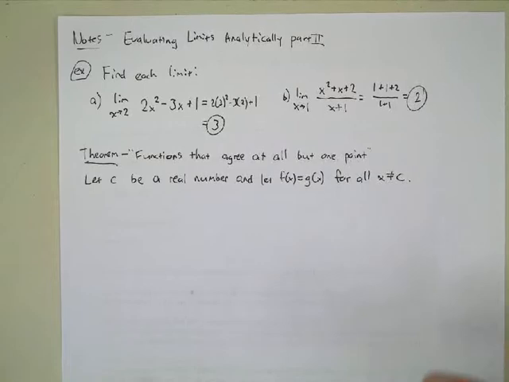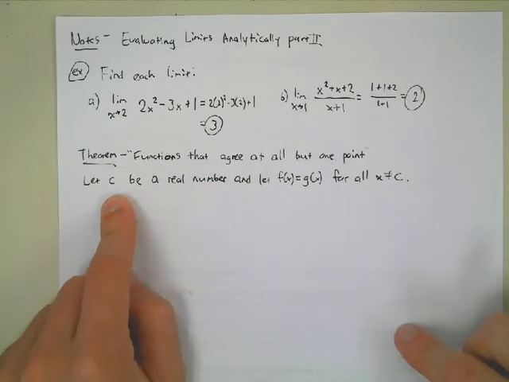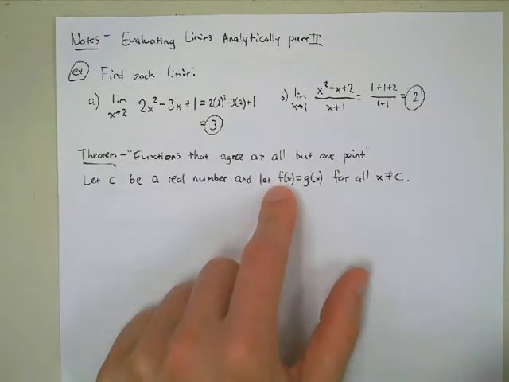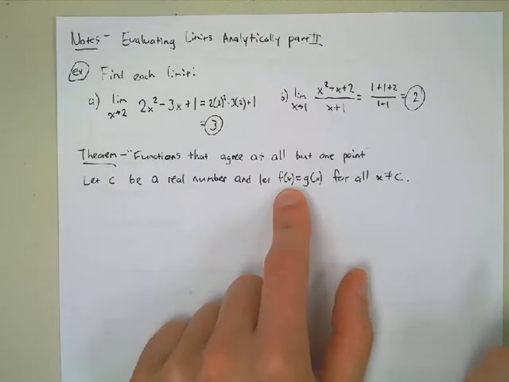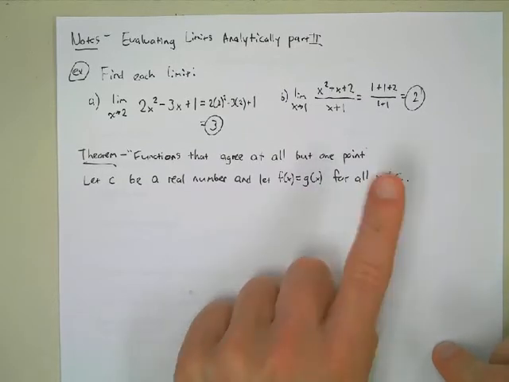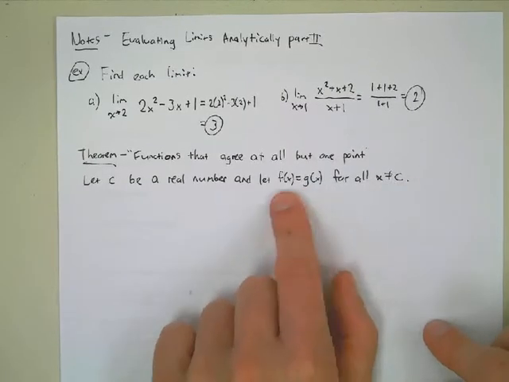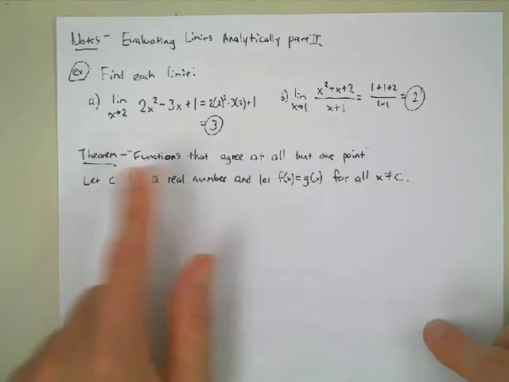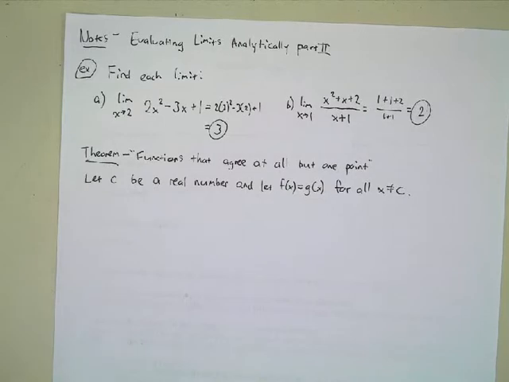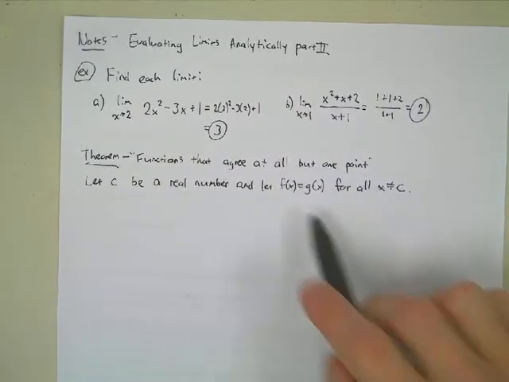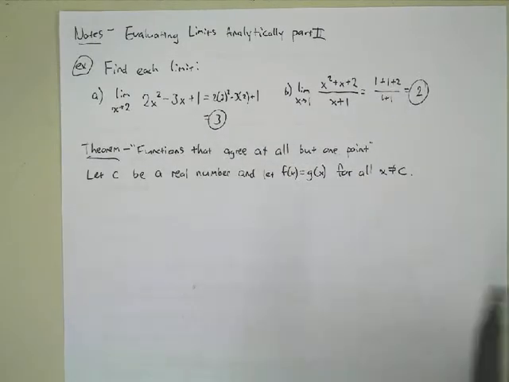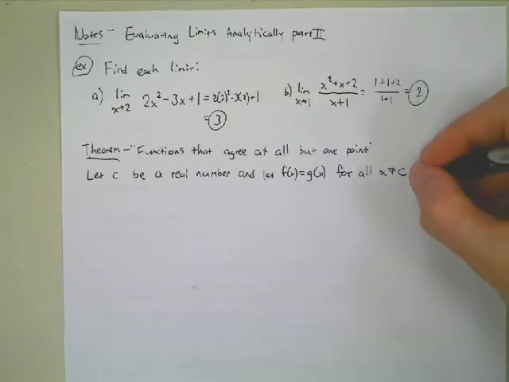So c is a real number, and we're just going to come up with 2 random functions, f and g. They're equal at every point except at c. They are equal to each other for all x that are not equal to c, and c is just a single number. So basically these functions are equal at all but 1 point, which is thus the title. It's the titular line right there.